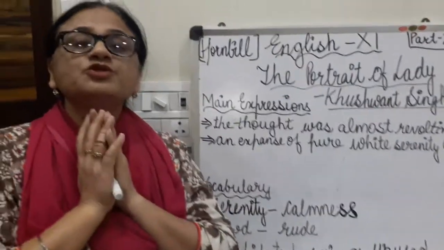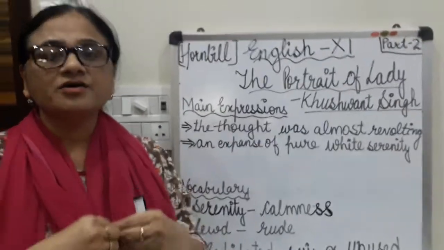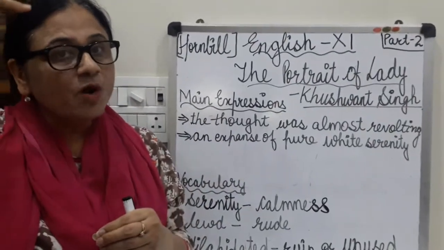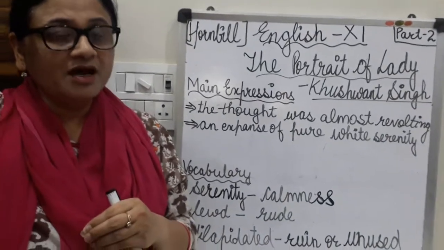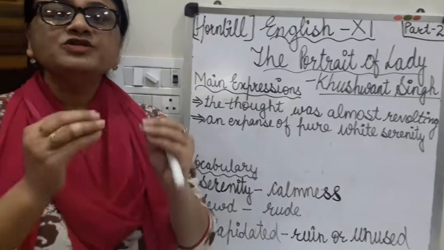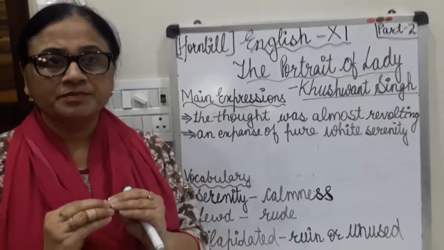That she was too old and she used to wear what? The white attire, the white sari, and her hair were totally white, grey in color. And she used to always do the prayers. It was a regular sphere of her.